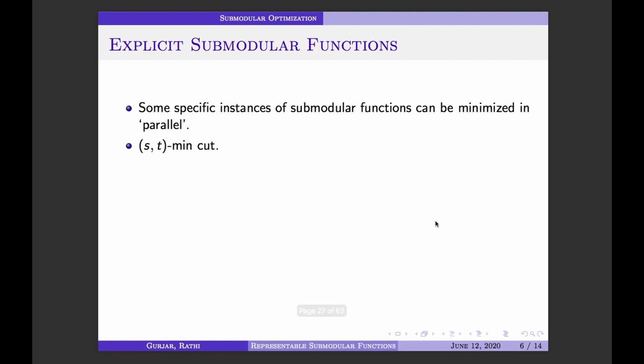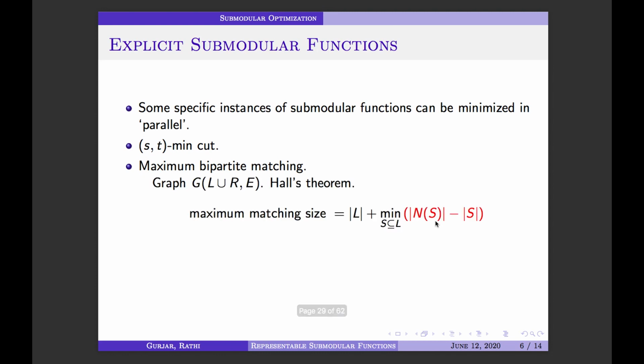One such example is the s-t min-cut problem. Another example is maximum bipartite matching. Directly it doesn't look like a submodular minimization question, but you can use Hall's theorem to show that finding the maximum matching size is equivalent to finding the minimum value of this submodular function, which is given in red.